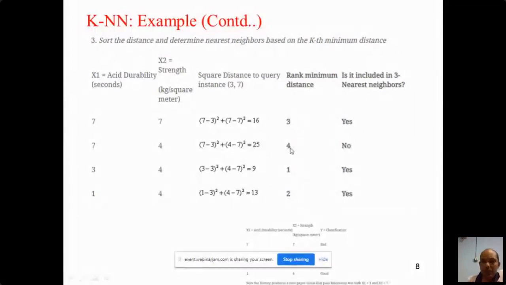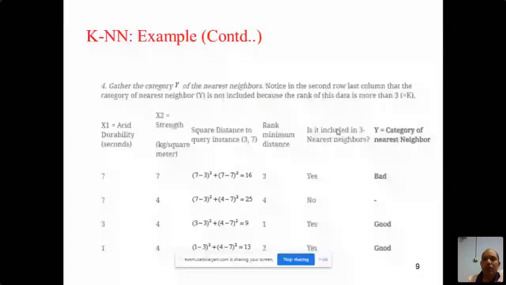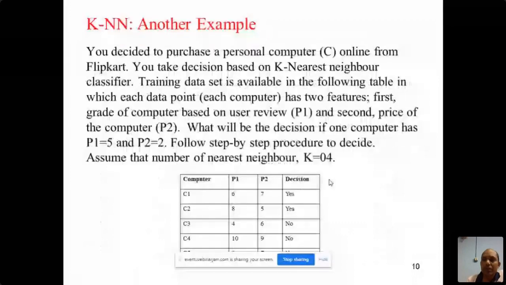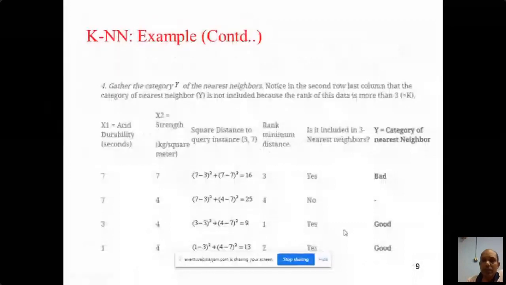Now, based on this ranking, you have given the ranks 1, 2, 3 and 4. So now assign the nearest neighbor categories, which are good and bad.